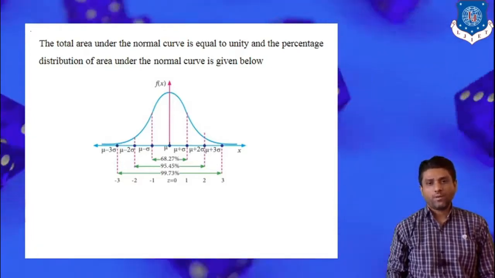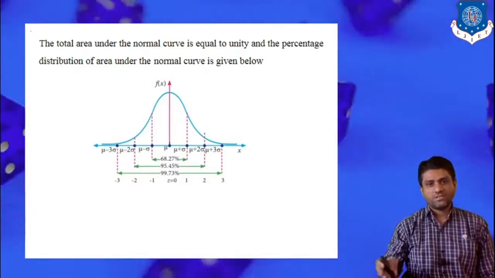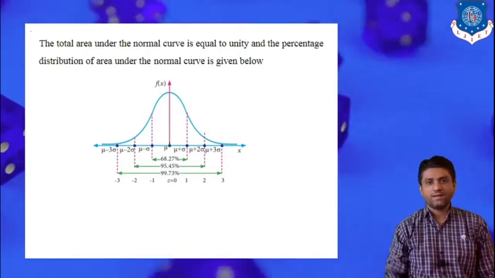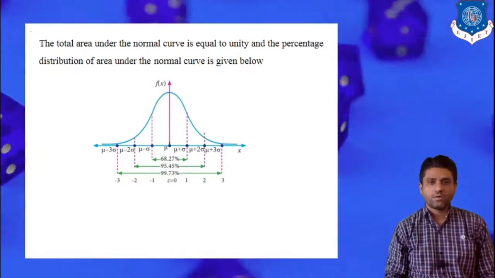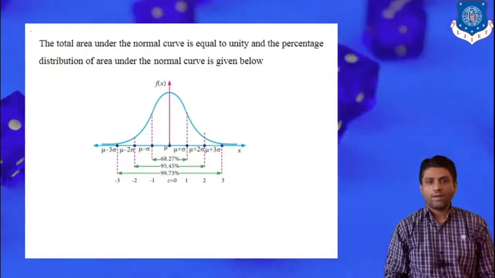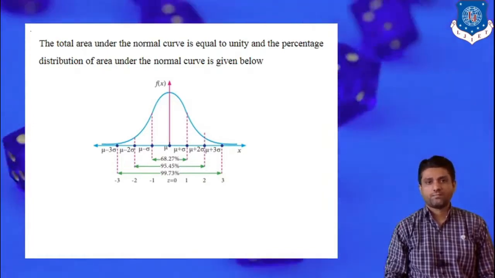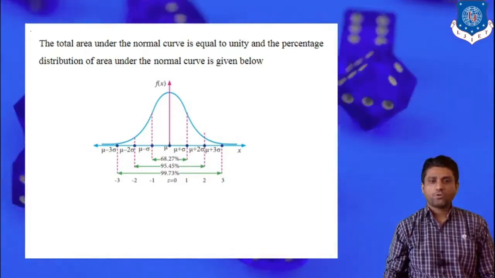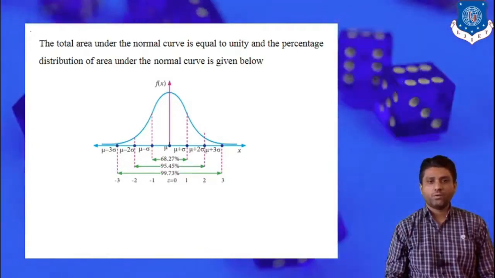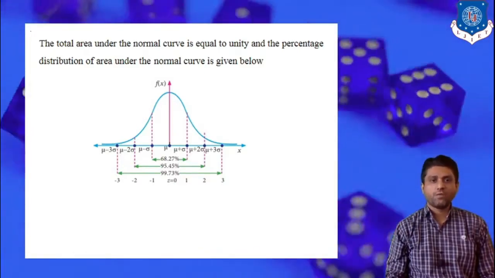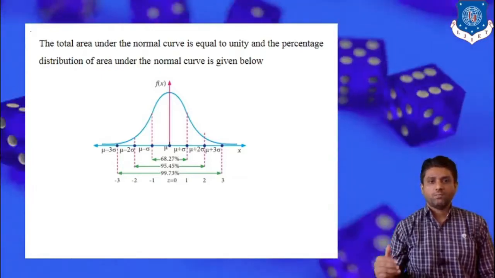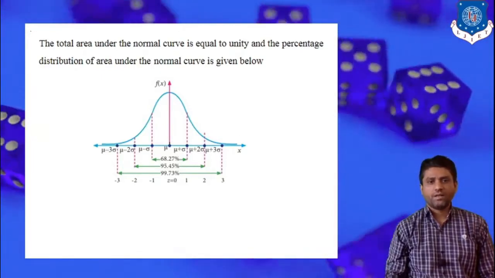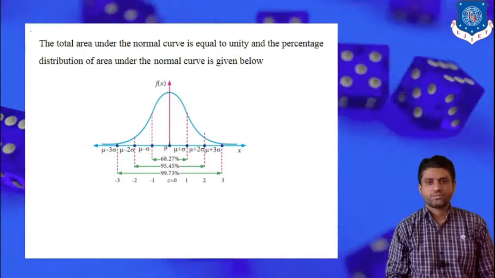From the middle line we shift to the left-hand side as well as the right-hand side, that is the interval mu minus sigma to mu plus sigma. That area covers approximately 68.27%, that is roughly 68% of the area of the normal distribution.